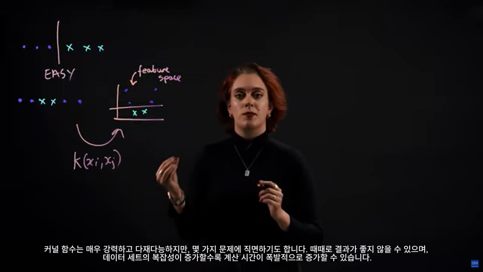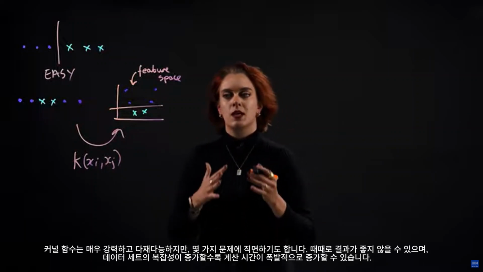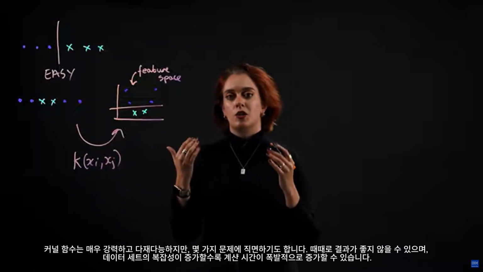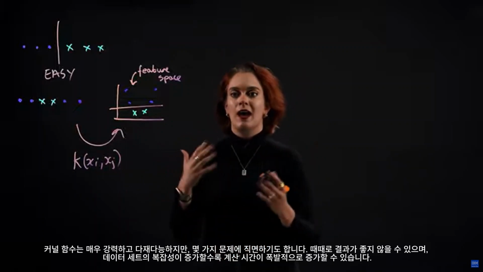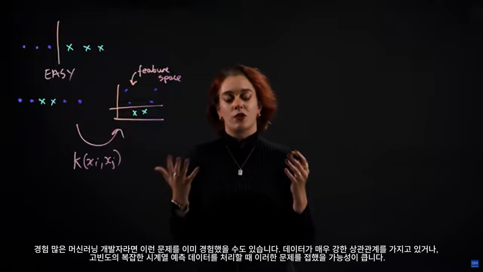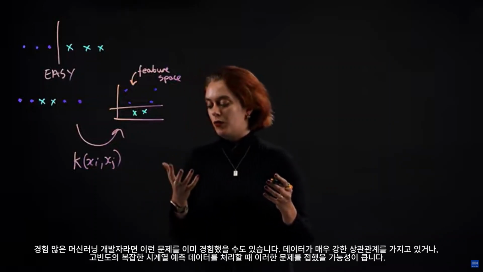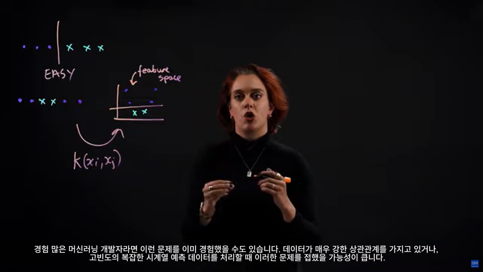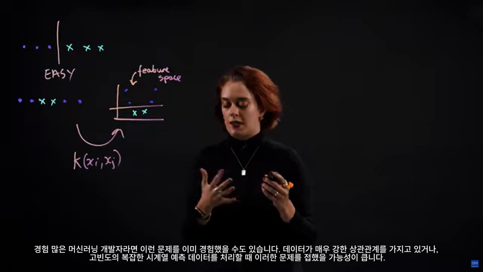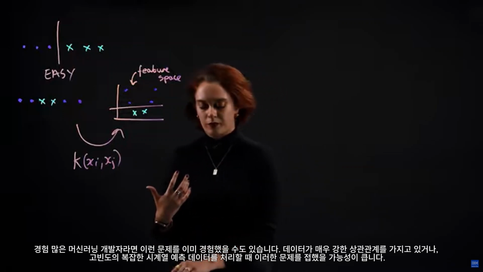Kernel functions are incredibly powerful and incredibly versatile, but they do face problems. Sometimes they just give poor results, and also the compute runtime can explode as the complexity of the data sets increases. If you're an experienced machine learning developer, perhaps you've seen this already if you're dealing with data that has very strong correlations, or perhaps if you're dealing with time series forecasting where the data is very complex and at a high frequency.